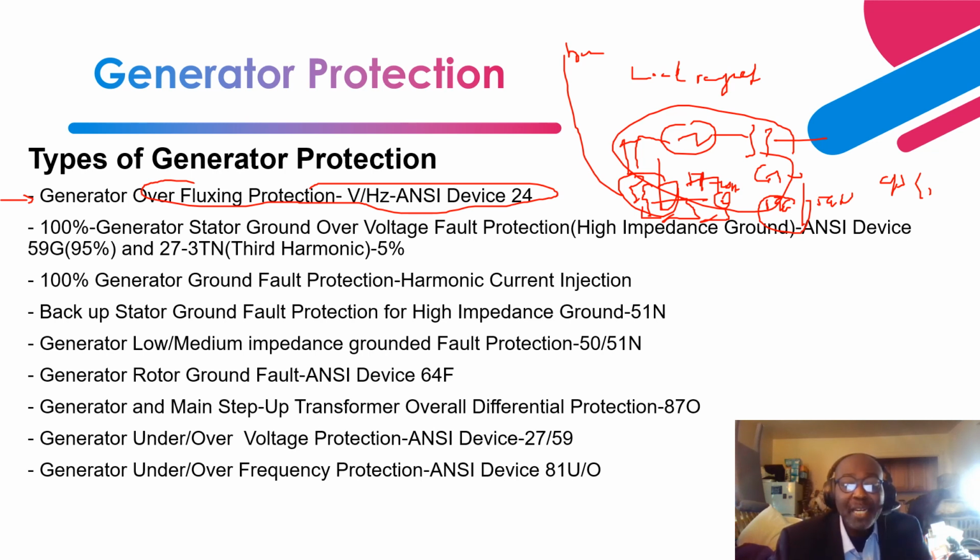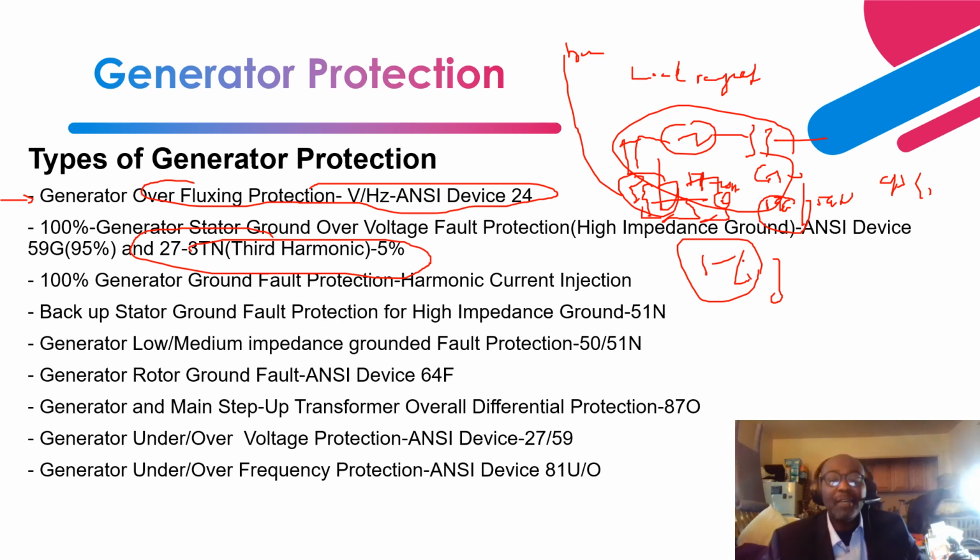So the remaining 5% of the neutral of the generator is unprotected, right? So you need additional protection to cover the 5%, or overlap it, to complement the 95% protection. That is when we utilize the undervoltage third harmonic protection, right? Based on the philosophy that each generator has an embedded core that generates a third harmonic that is very natural to each generator.